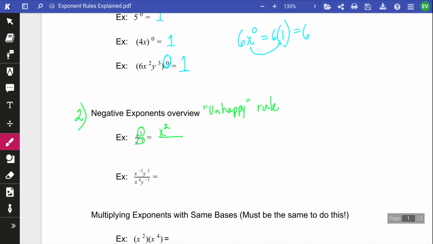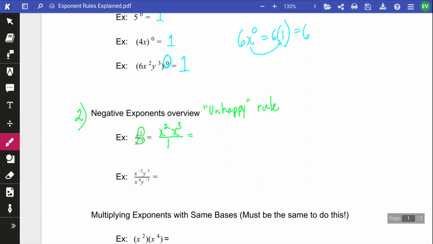So we're going to move it to the numerator and change our power to be positive. So x to the positive third power. Nothing is left in the denominator, so we're going to replace it with a 1. So anytime you remove everything, make sure you have a placeholder of 1 there.